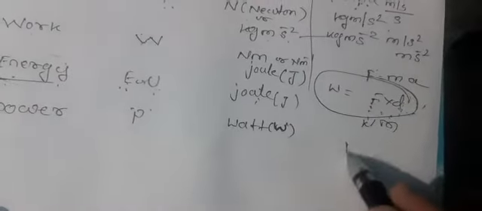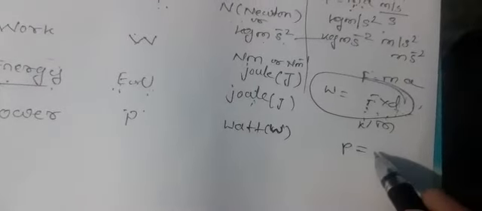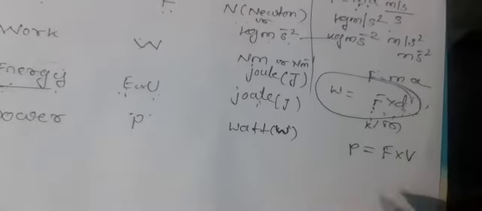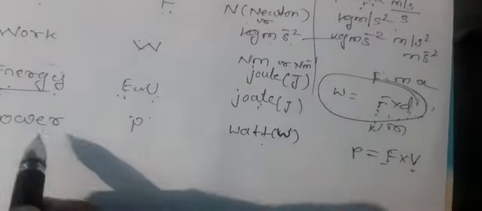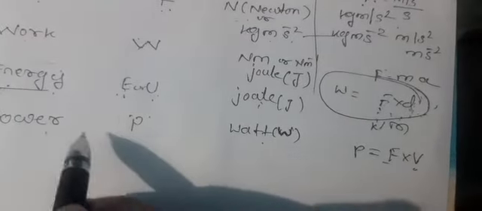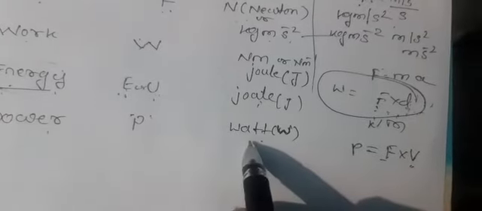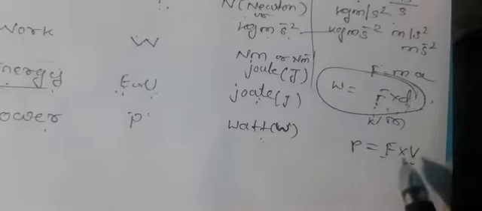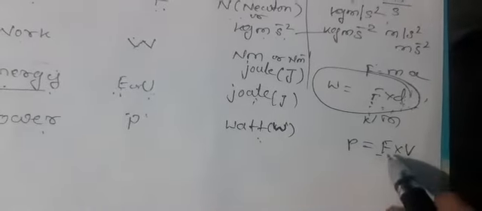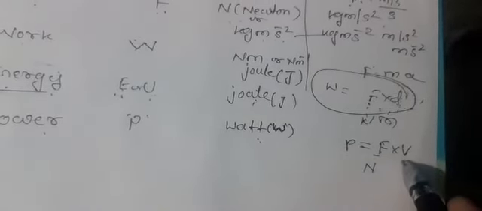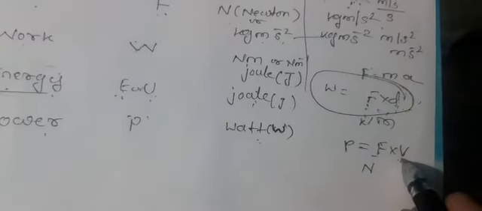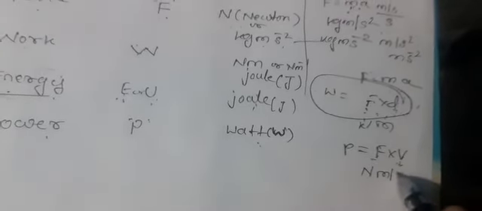Power is defined as the product of force into velocity. The symbol of power is capital P. The unit of force is Newton, V is the velocity, and the unit of velocity is meter per second.